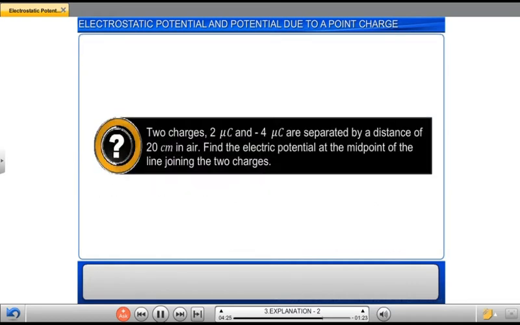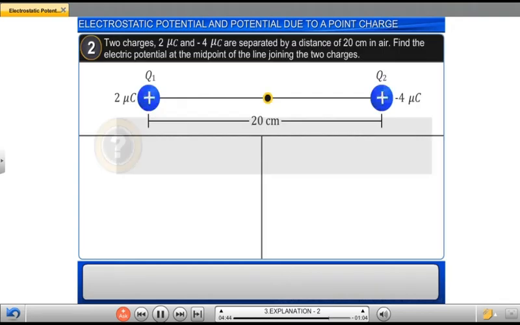Solved example 2. Two charges, 2 microcoulomb and -4 microcoulomb, are separated by a distance of 20 cm in air. Find the electric potential at the midpoint of the line joining the two charges. Solution.